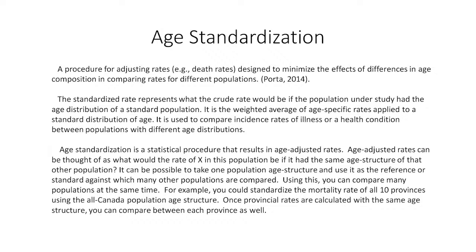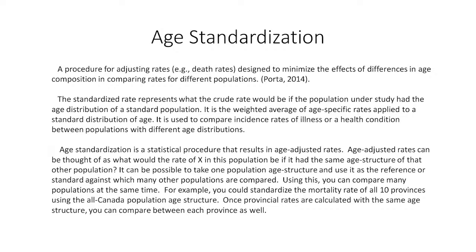Age standardization is a procedure for adjusting rates, such as death rates, designed to minimize the effects of differences in age composition in comparing rates for different populations. The standardized rate represents what the crude rate would be if the population under study had the age distribution of a standard population.